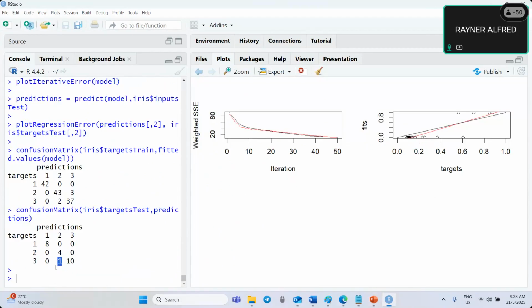So 1 out of 23. So the accuracy is 95.6. So quite high.